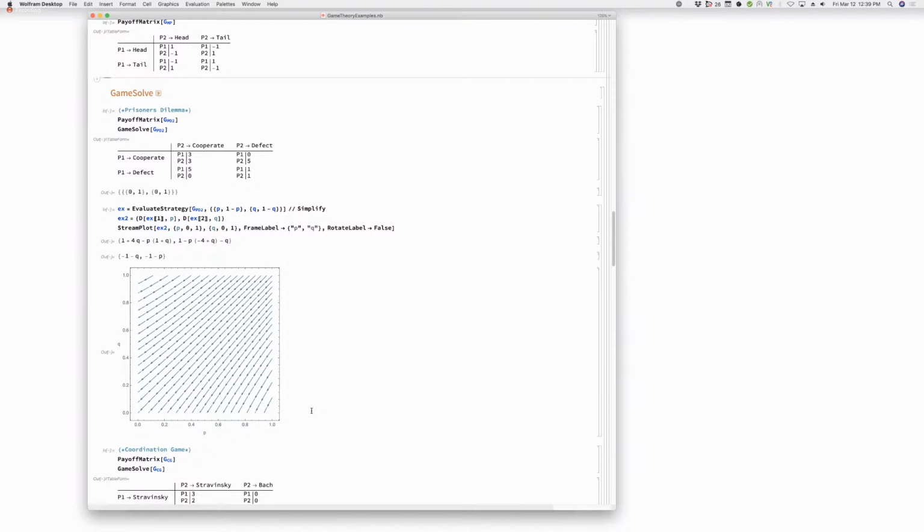And then I visualized with this stream plot how, if one player can tune its own strategy and the other player can tune the other strategy, these strategies would flow in this space. This is not exactly replicator dynamics, but something similar to that.